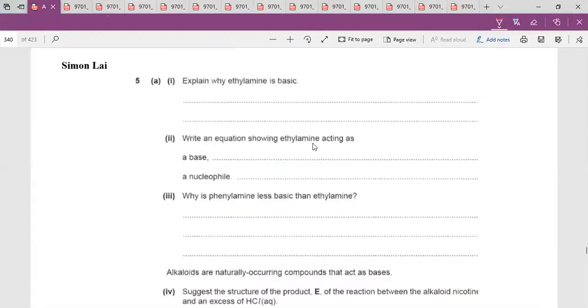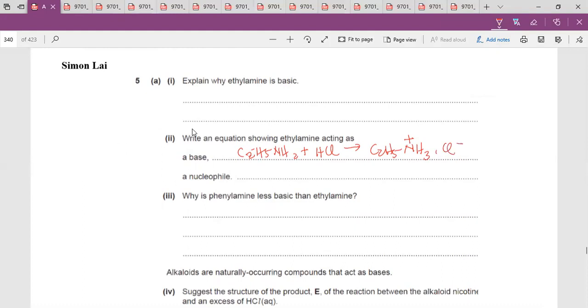Now the next part. Write an equation to show that ethylamine is a base. Very simple. Of course, you write ethylamine, C2H5NH2, plus protons. You can use H plus, or you can use HCl, or water, to give C2H5NH3 positive with Cl minus.